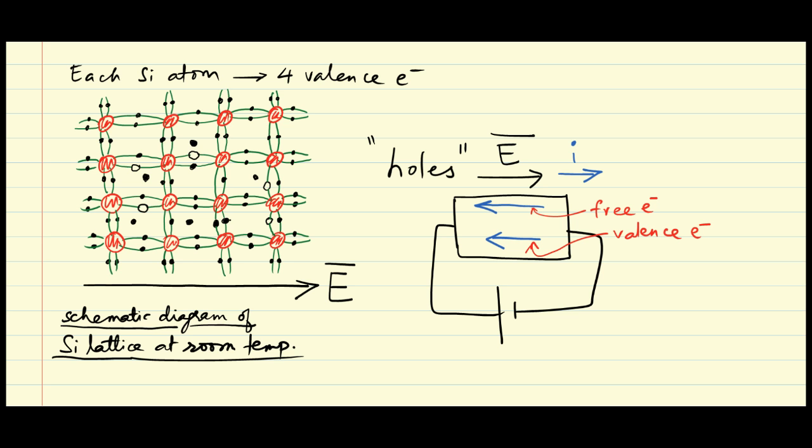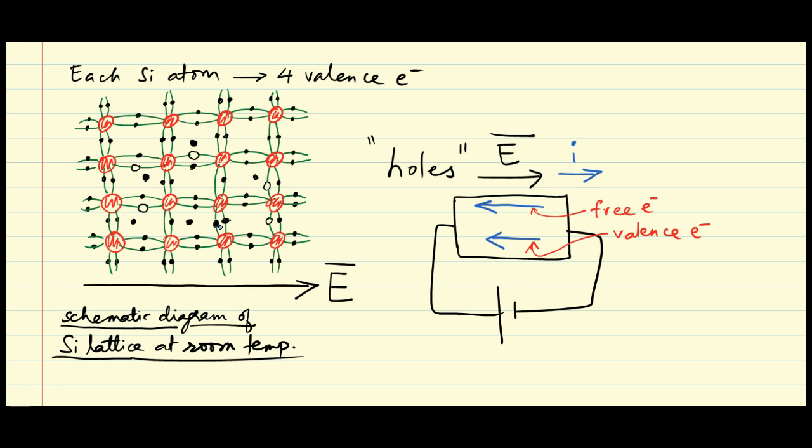Now conventionally, the current due to the valence band is viewed as the motion of the positive holes moving in the direction of the field. Really speaking, what's happening is the valence electrons are moving in this direction. I just showed that to you.